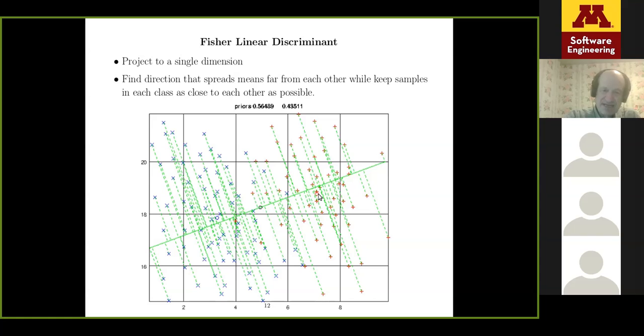The scatter within each class is basically the sum of squares of the distances from the mean of that class to all its samples. So if the mean is here, you take the distance from this mean to every single sample, you add up all those distances, and that's the item you want to minimize. And that turns into a nice linear algebra problem, an eigenvalue problem that one has to solve.